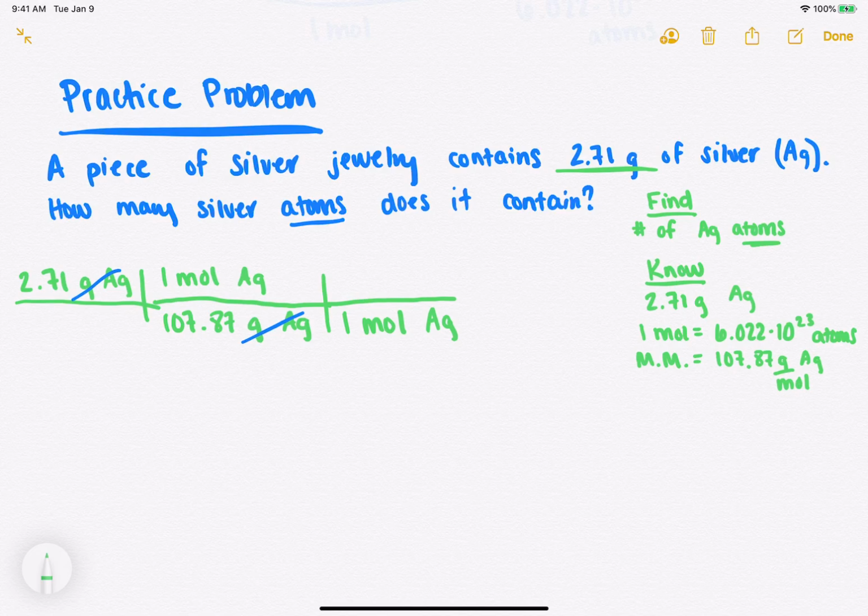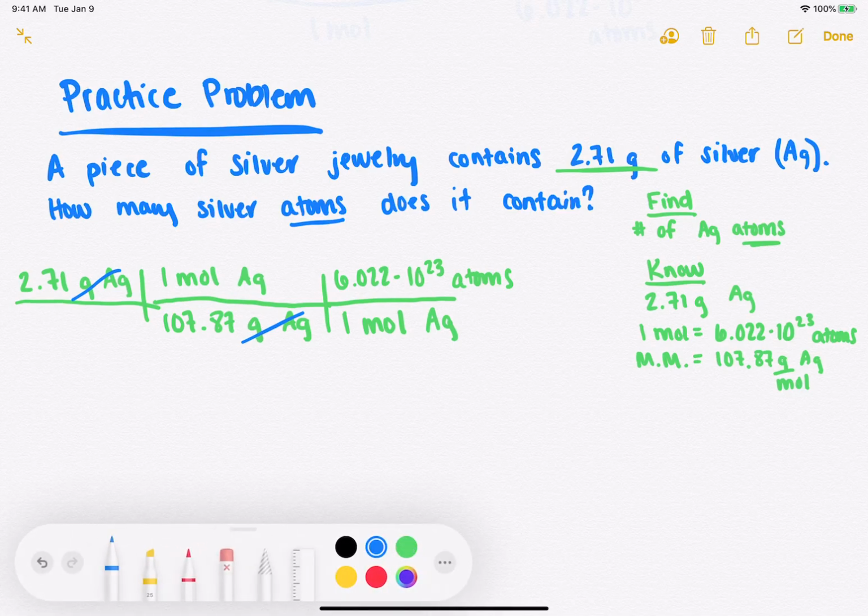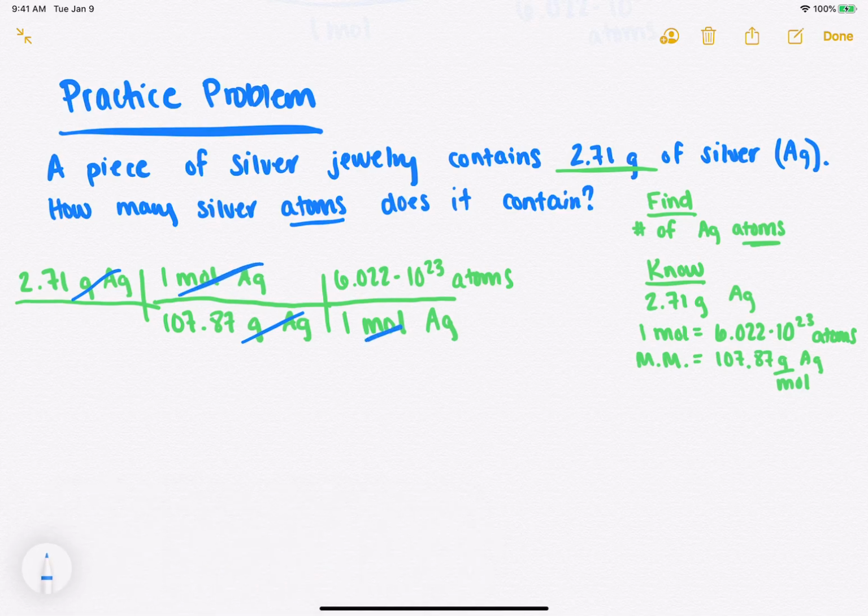We know it's 6.022 times 10 to the 23rd atoms. And we also know that this unit will cancel with this unit. We're left with atoms. That's exactly what we were trying to find. So as long as we plug things into our calculator correctly, we've probably solved the problem correctly.